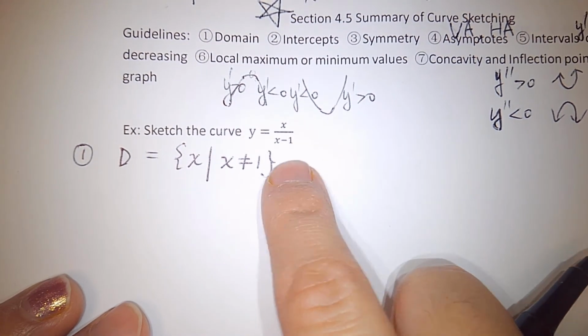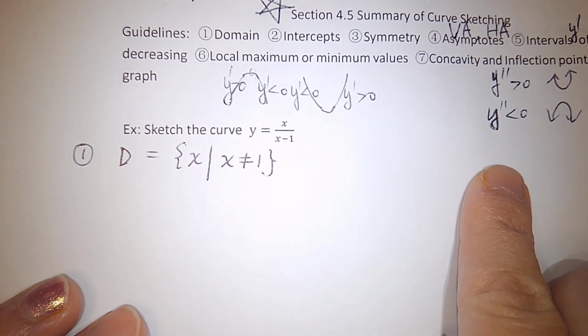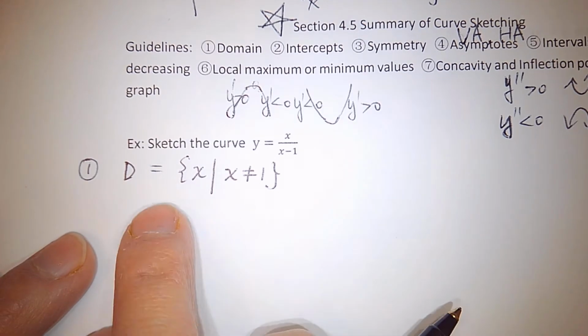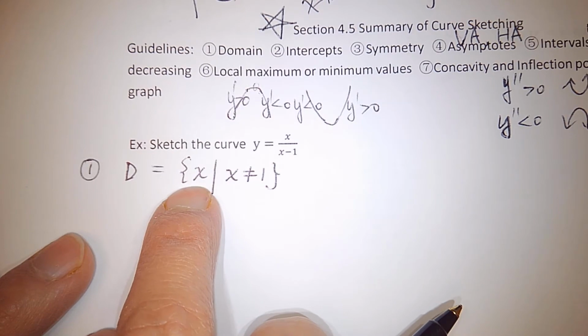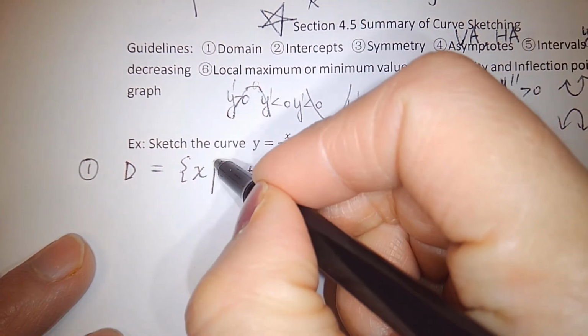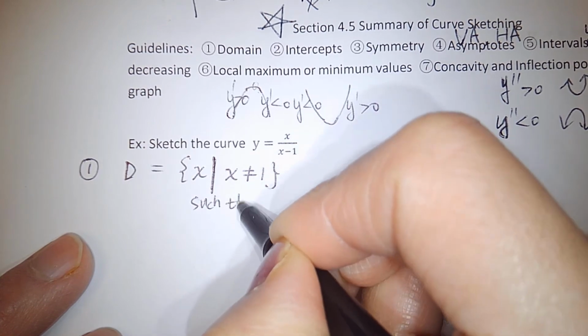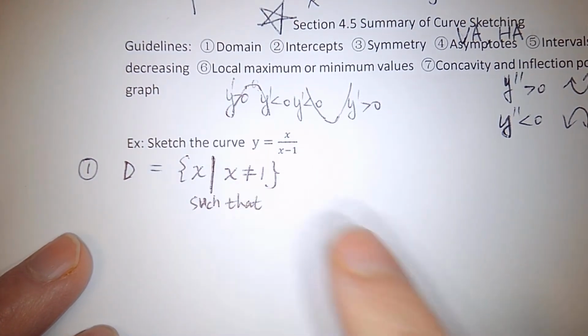Or you can use two intervals, negative infinity to 1, union 1 to infinity, either way, okay? This vertical line tells us such that x cannot be 1, right?